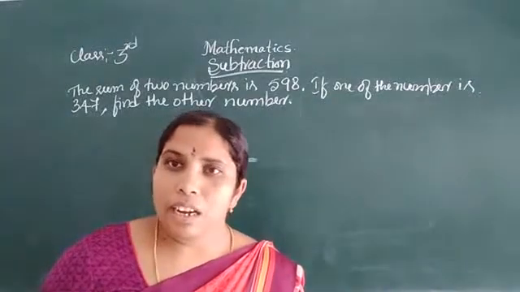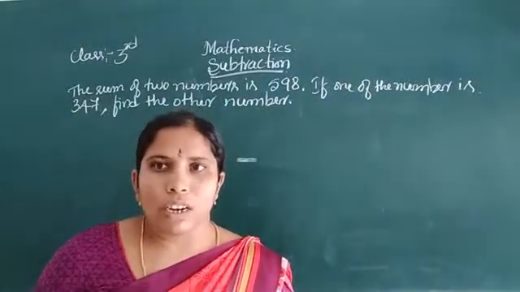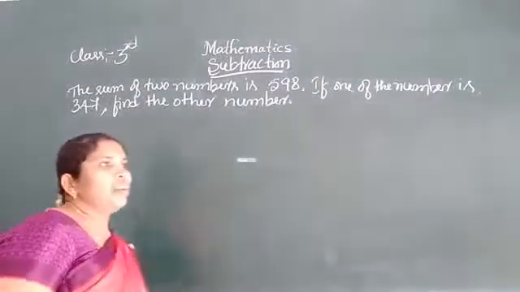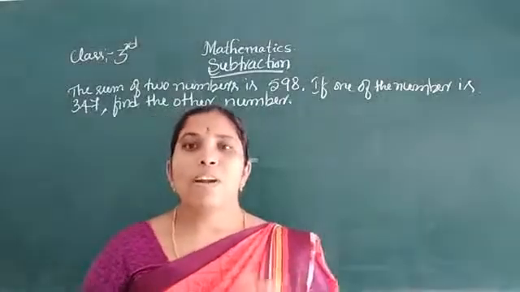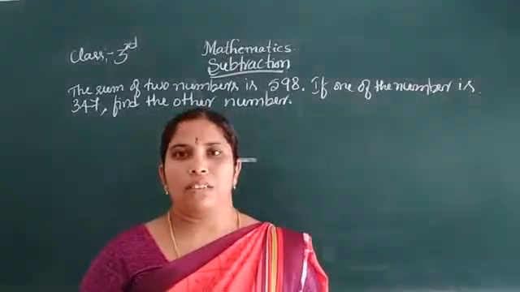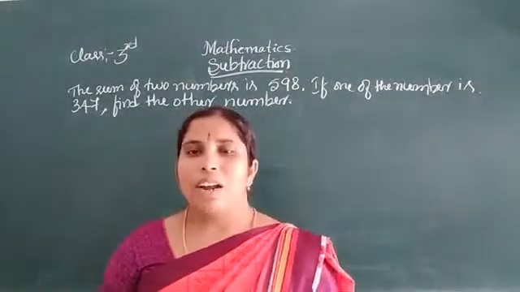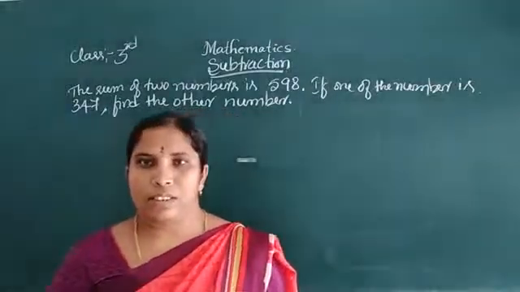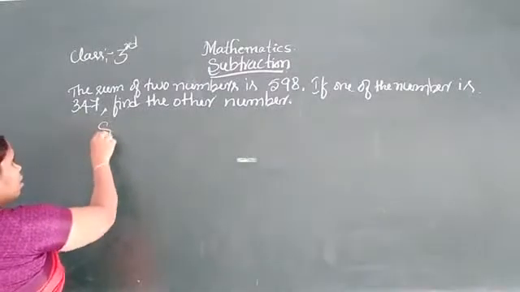See, observe, the sum of two numbers is given. In those numbers, one number we know, which is 347, but we don't know the other number. So to find it, I will consider the other number to be x.